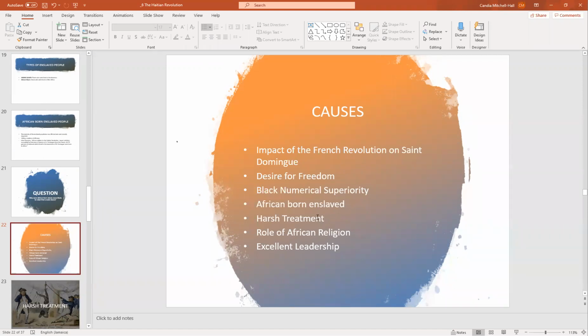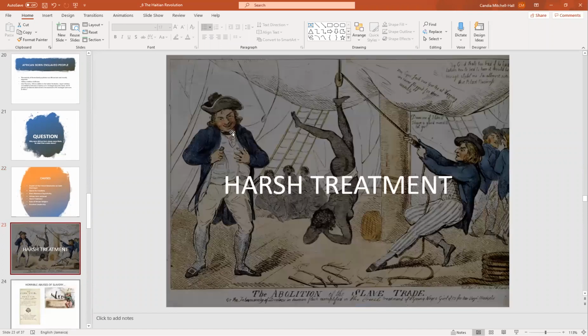Most of the enslaved people in Saint-Domingue were born in Africa, and so they were more likely to rebel than the Creole slaves. So that was a cause. Another cause, and we cannot ignore this cause, is the harsh treatment.